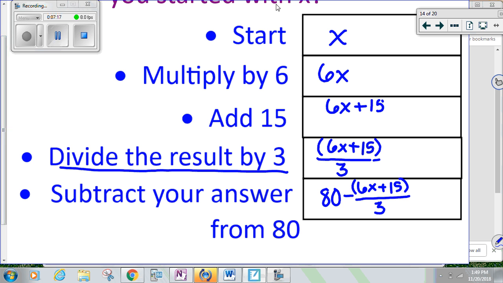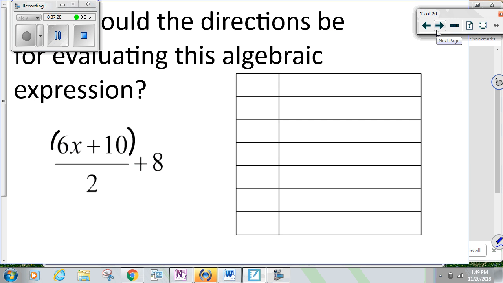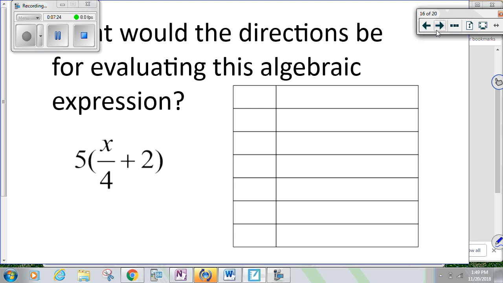Now, I want to do one more. So this one's just a little bit different. So here again, my start value is just x. Whatever number I choose. My next step, so it looks like here's x. It looks like the first thing I would have done with x is divide by 4, right? So now I have x divided by 4.